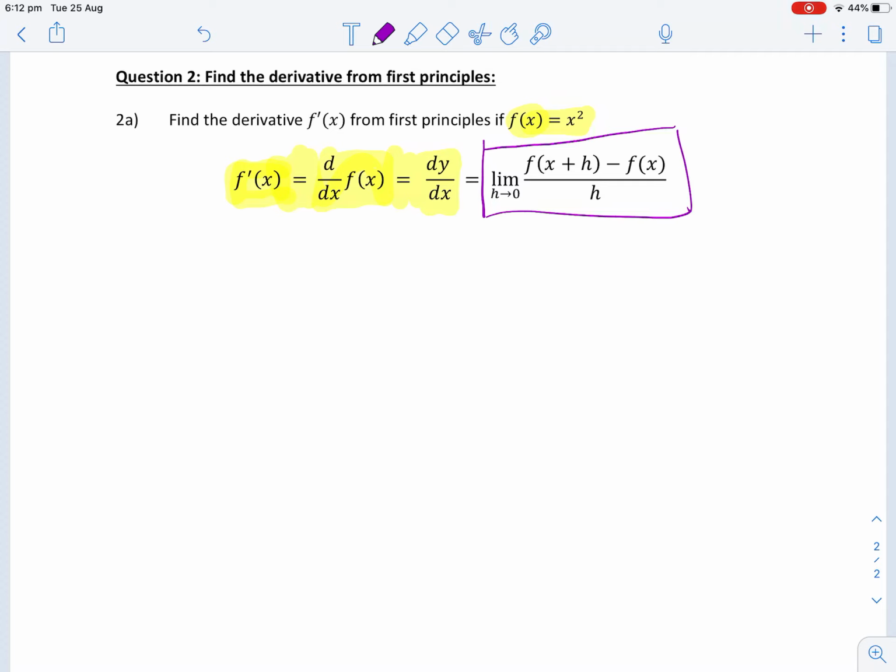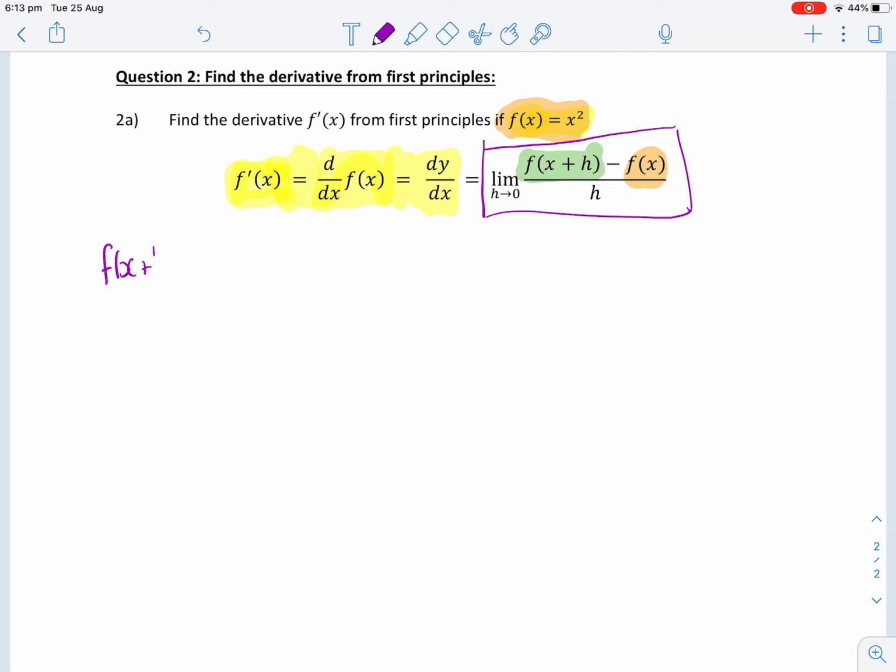We're not going to do many of these type of calculations just because they're a bit tedious. We're going to learn the shortcut very soon. So if I want to use this formula, I already know the value of f of x because that's x squared. So all I need to do now is find the value of f of x plus h.